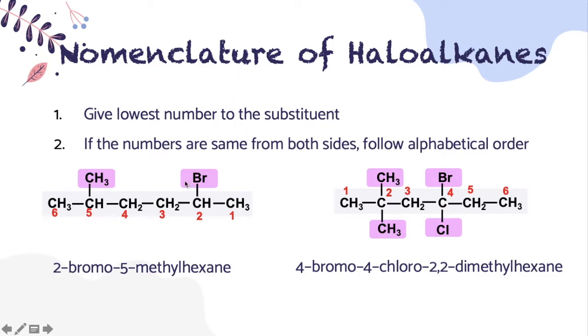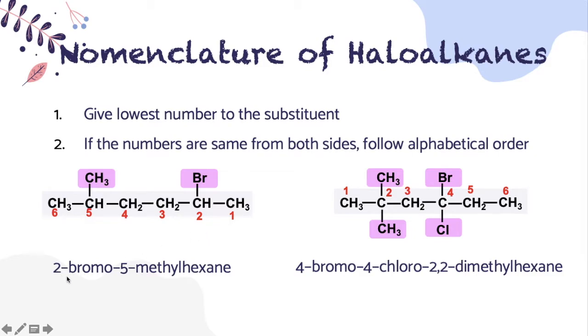This substituent is bromo and this is methyl. So B before M, because if you start counting from the left, the methyl will get number 2 and bromine will get number 5. If you start counting from the right, the bromine will get number 2 and the methyl will get number 5. So follow alphabetical order because the numbers are the same from both sides.